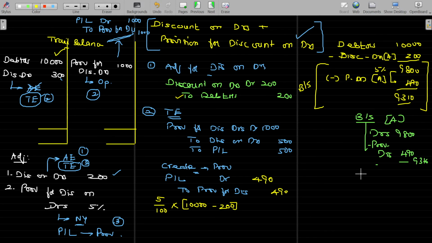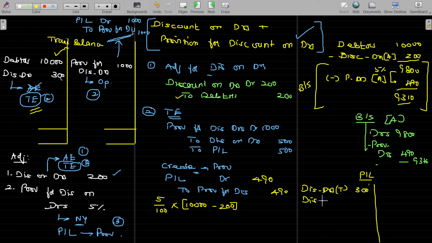And how about the P&L account, sir? It's very simple, similar to the debtors. Discount on debtors transferable to the P&L account, given in the trial balance, the value being 300.